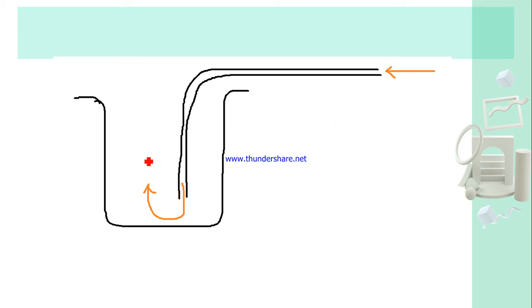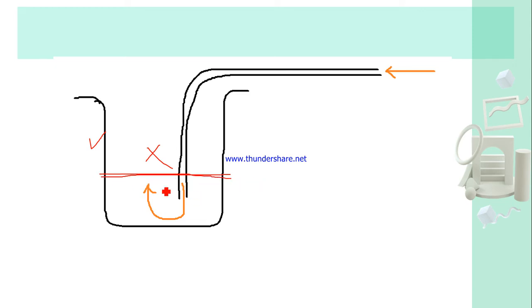Okay, so for an example, you take one empty container like this and you take a tube like this. Then you blow some air here, so very easily that air will pass through this because there is no resistance. But in the second case, there is some liquid here.